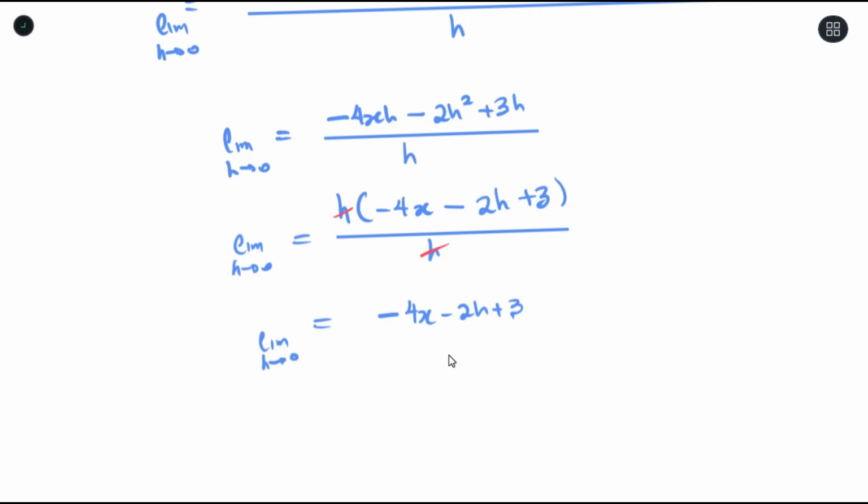Now we can finally use our limits. So to give you, so the final answer for the derivative of f(x) would be negative 4x plus 3. And that's it.